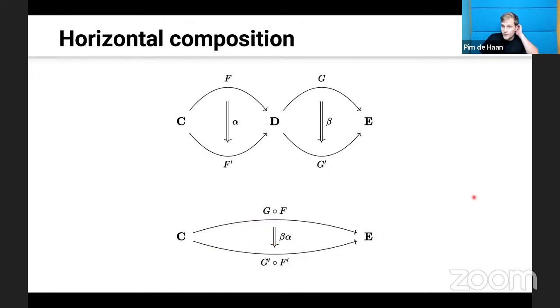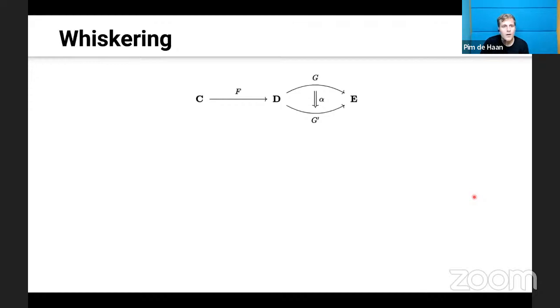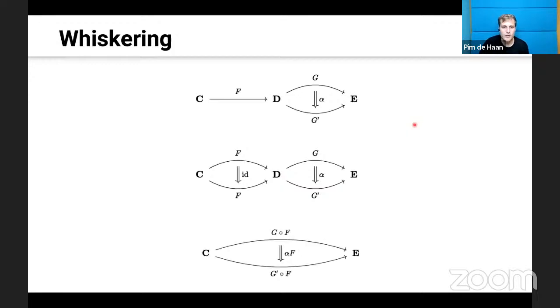This is called horizontal composition of the natural transformations. And in this case, if we have a natural transformation from G to G prime, we can think of this here as an identity natural transformation from F to F, and then we can apply horizontal composition to get a natural transformation from C to E, and this is called whiskering.